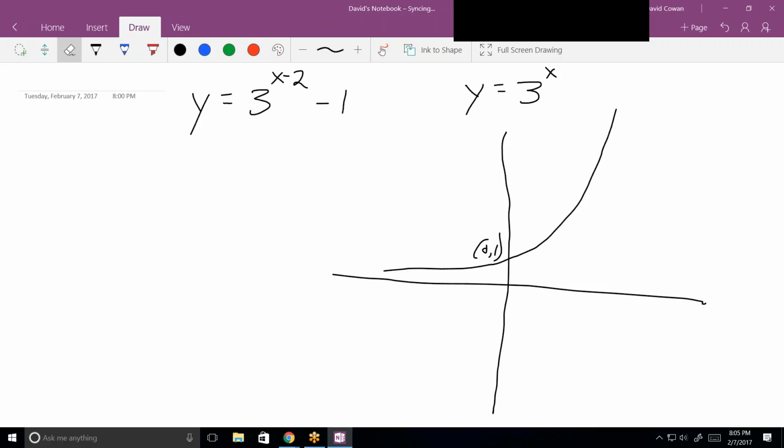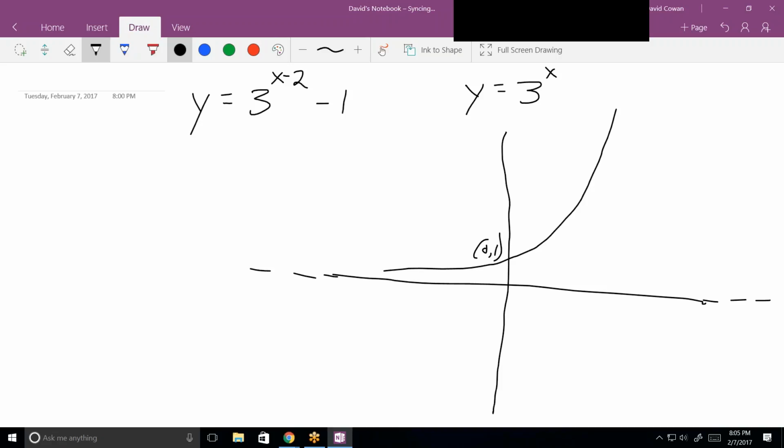So I got 2 things that I have to do. I only have 1 point on this curve. I do know that the parent function has a horizontal asymptote of y equals 0. But we're going to take this point and shift it 2 units which way?